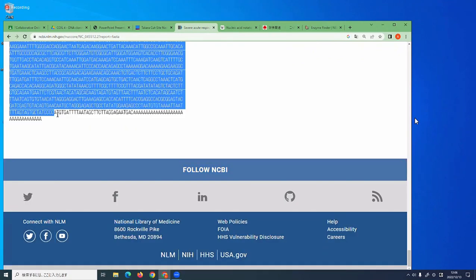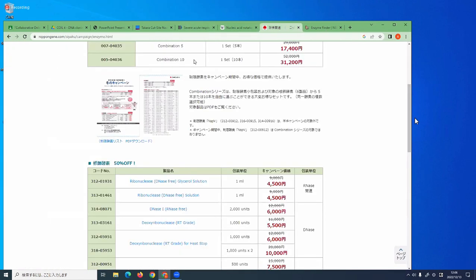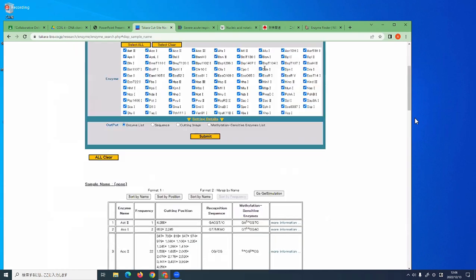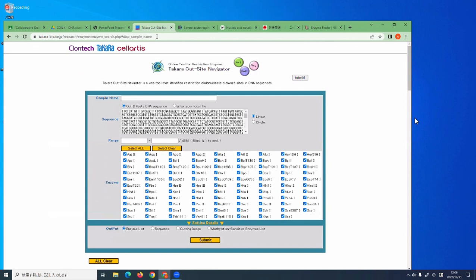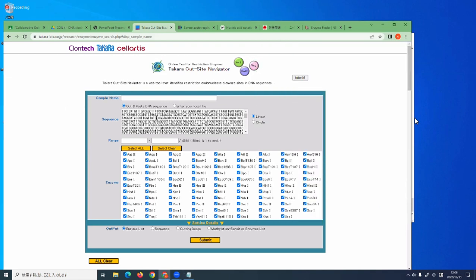All right, copy, and then let's search this. Let's just use the enzyme finder again. I copied that first. Let's just put that in Notepad for a while, or we could just do this here.